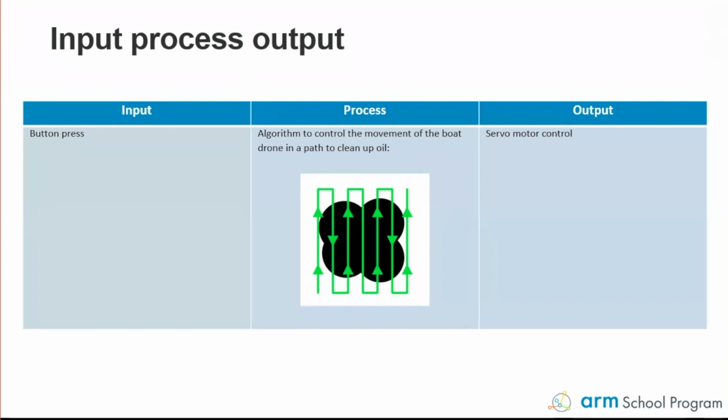As you can see from this example, in this very simple sense, they press a button, there will be an algorithm, which could, for example, be a function, which will control the motors on the artifact to go forward, turn 90 degrees twice, go backwards, and it'll basically follow a route over the given oil spill, and then they have to work out how to make that work with the servo controls.